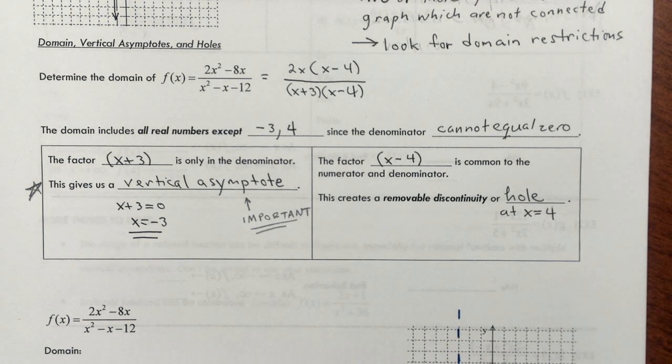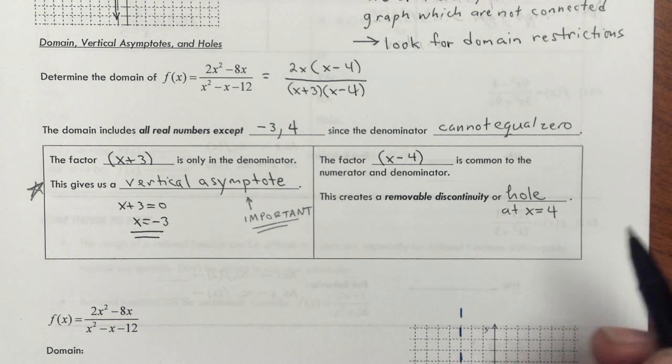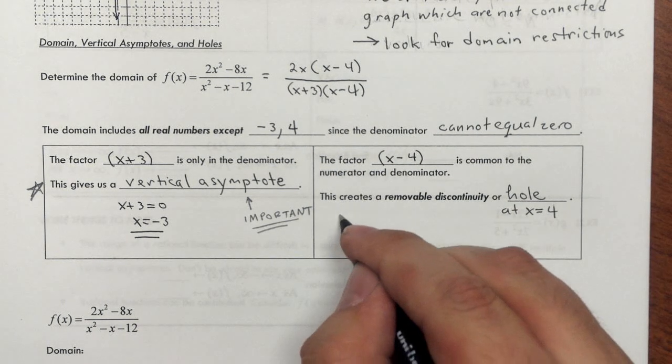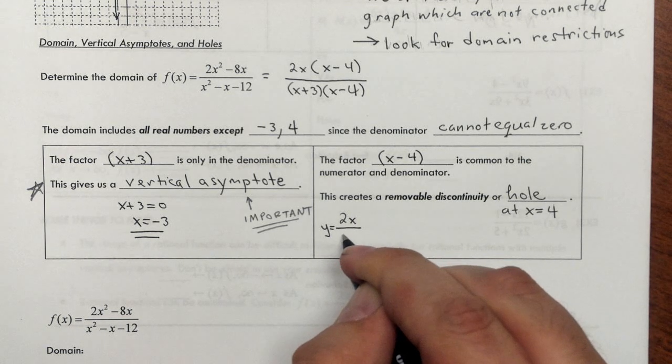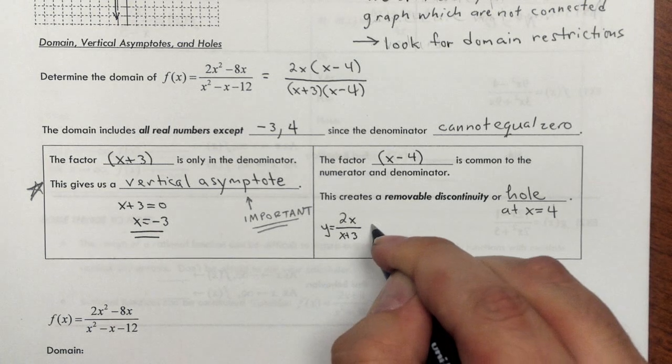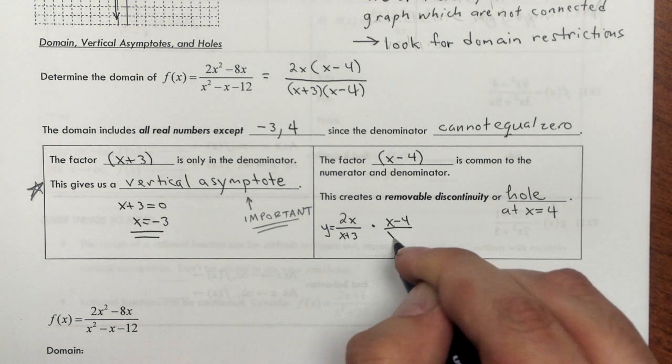Now, we're not going to emphasize this very heavily, so I'm not going to expect you to really know this, but I will tell you how you find the exact coordinates of the point at that hole. I'll go ahead and show that to you right here. So I see here y is equal to 2x over x plus 3 times x minus 4 over x minus 4.